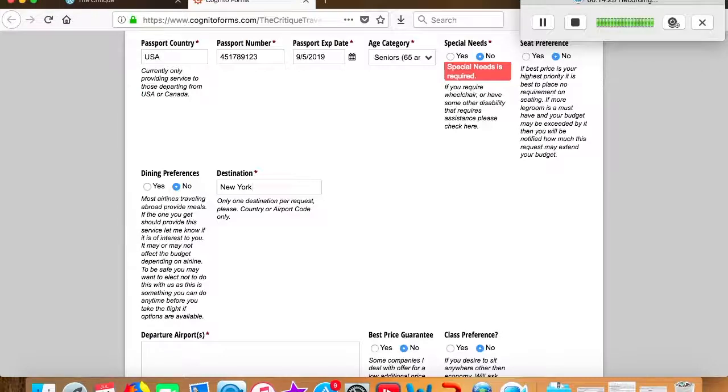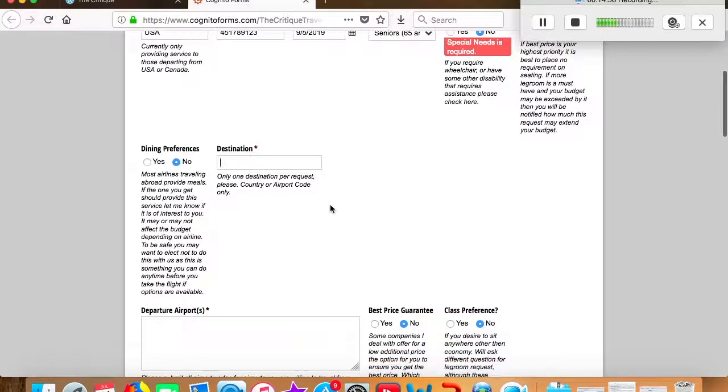So sometimes maybe JFK will be cheaper than LaGuardia, and if that's the case, then that's the one you'll get. But if there's a specific airport that you would prefer, put the airport code. That will restrict me to only looking for that particular airport in terms of destination.